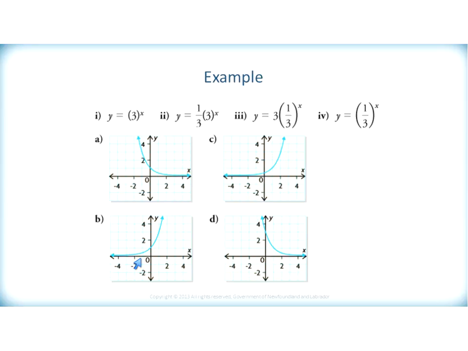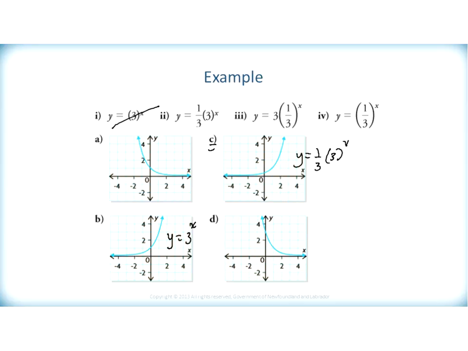So we know that y equals 3 to the power of x is b. And since this one is now used, and graph c is the only increasing function left, we see that y equals 1/3 times 3 to the power of x would be this function.